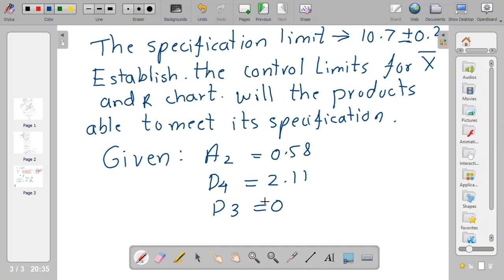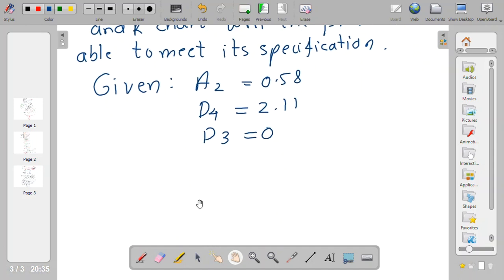Now you have to find the X bar and R chart control limits.